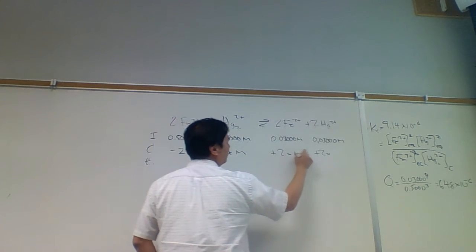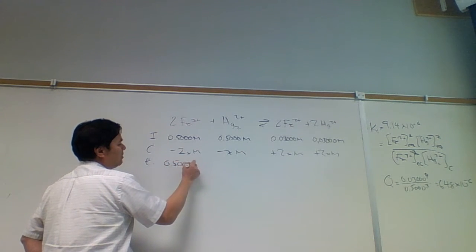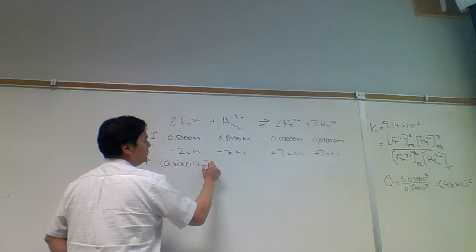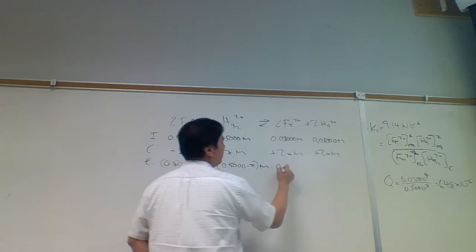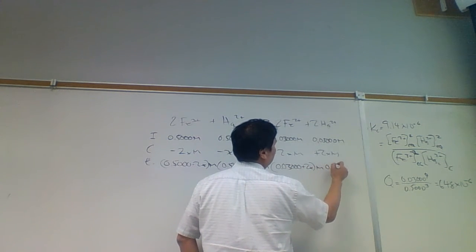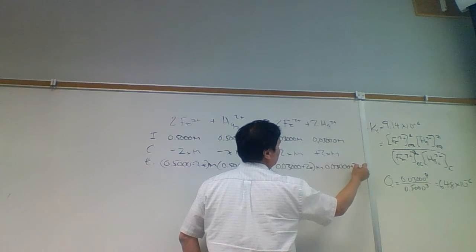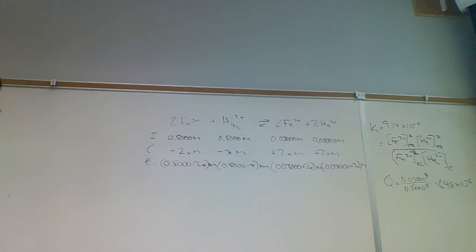So at equilibrium, I'm going to get 0.5 molar minus 2x, 0.5 molar minus x, 0.03 molar plus 2x, 0.03 molar plus 2x. And then all I have to do is figure out what my x is. This is the type of problem we saw earlier, the same type of problem.